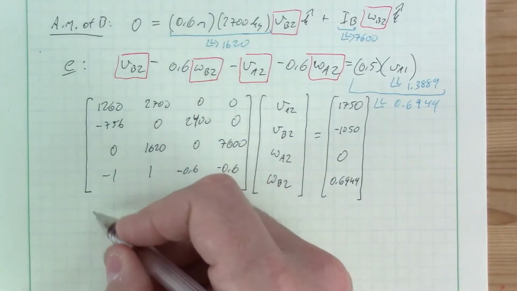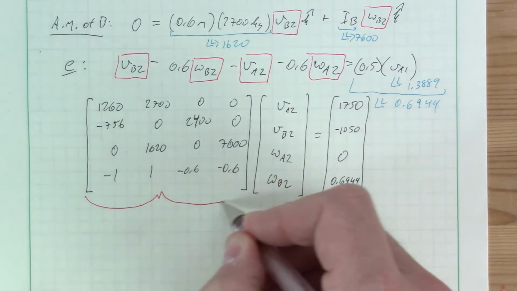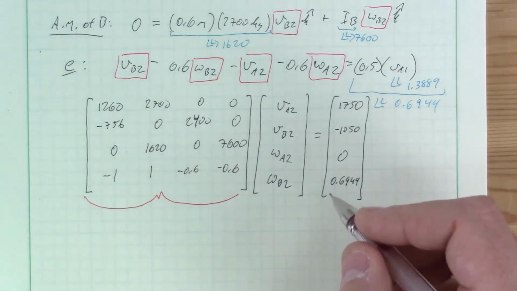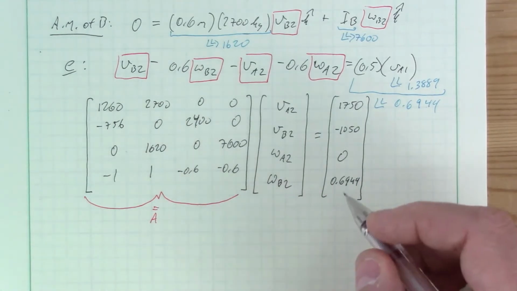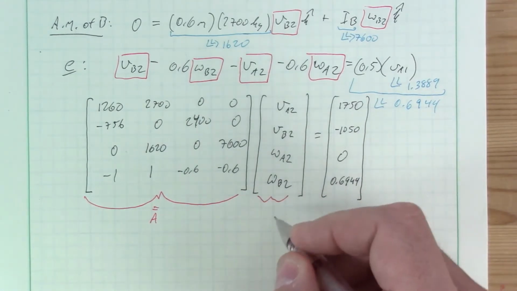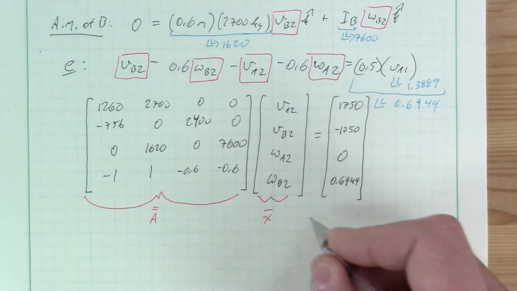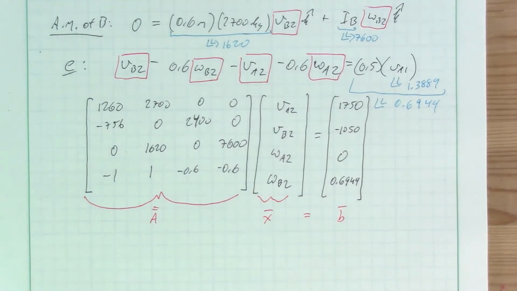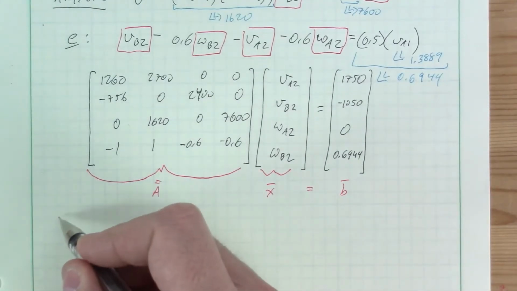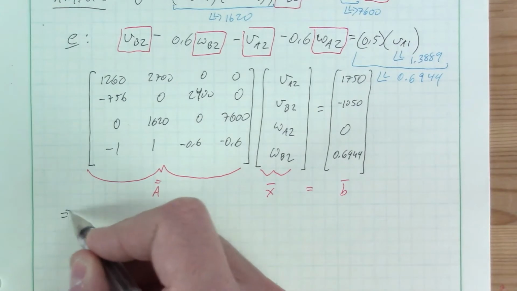It's setting up a matrix equation and getting into row reduced form, whatever you want to say. But this is a 4 by 4 matrix. This is what we're trying to solve for, and that equals the right hand side, which is known. This is a linear system of equations that we need to solve.